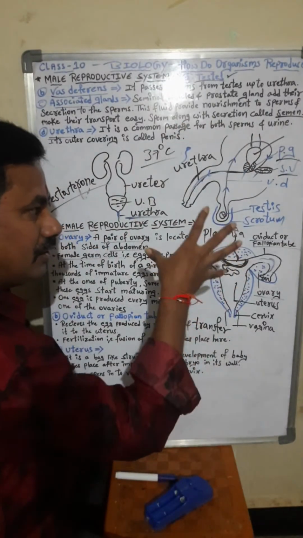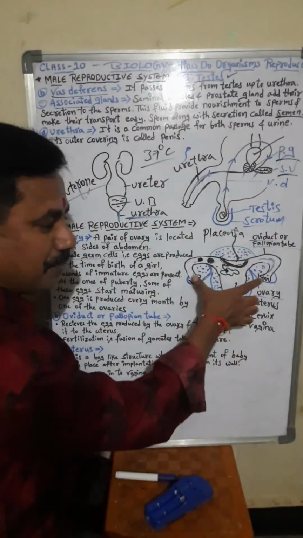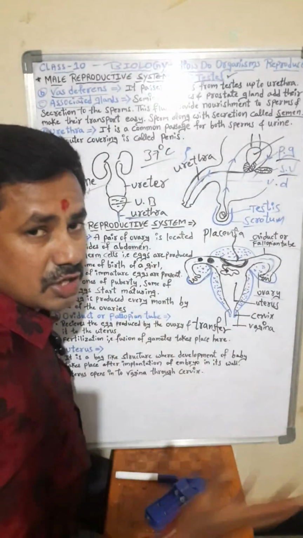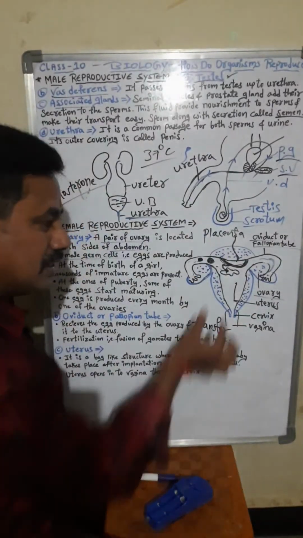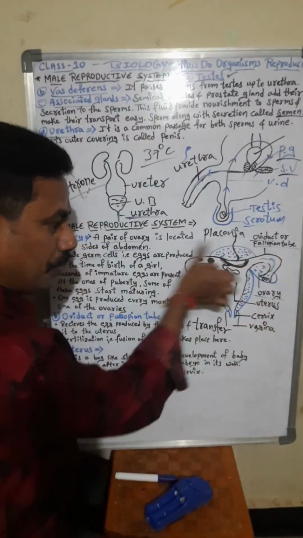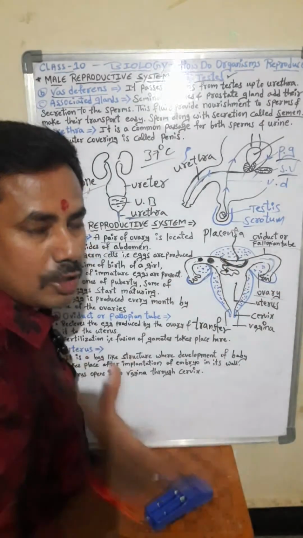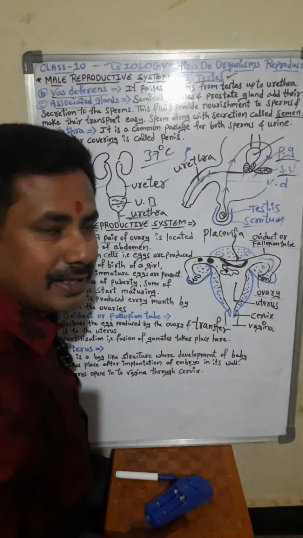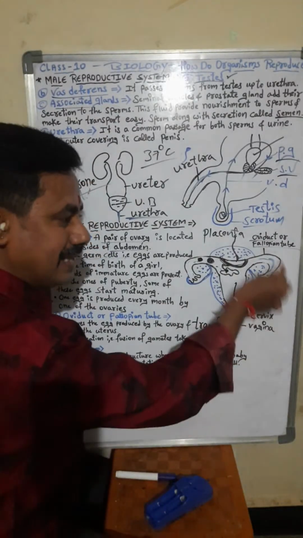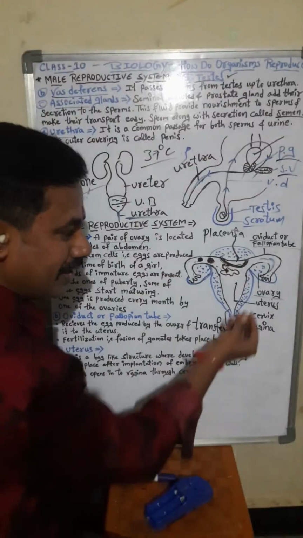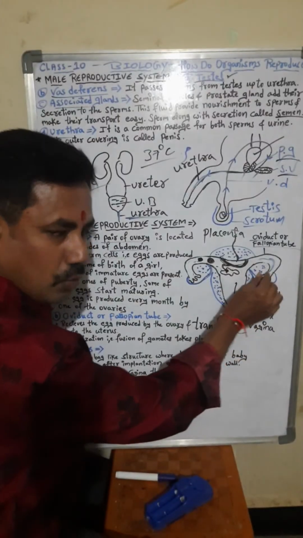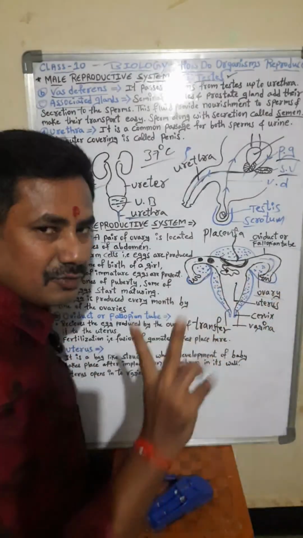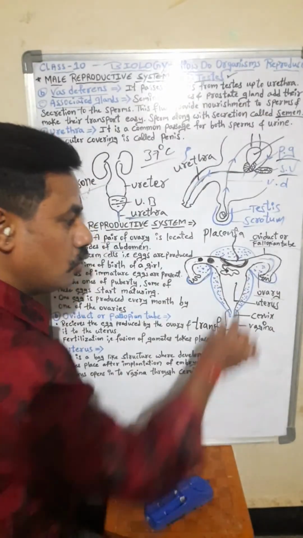And in the female reproductive system, a pair of ovaries will be there. Thousands of immature eggs will be present, and to the ovary the fallopian tubes are connected. Another name for the fallopian tube is oviduct, because the eggs are coming from here only. When an egg is released by one ovary, both ovaries will not release at a time, only one.